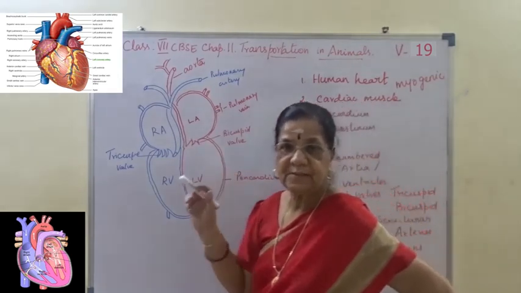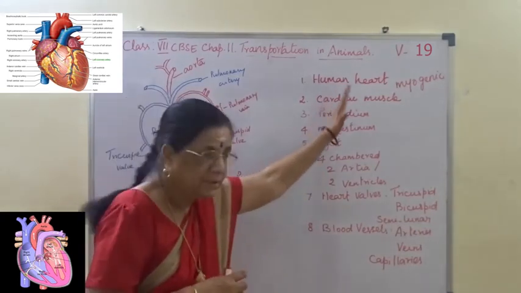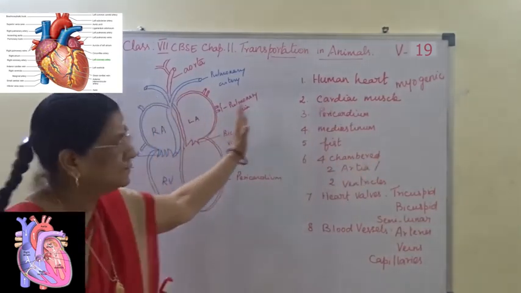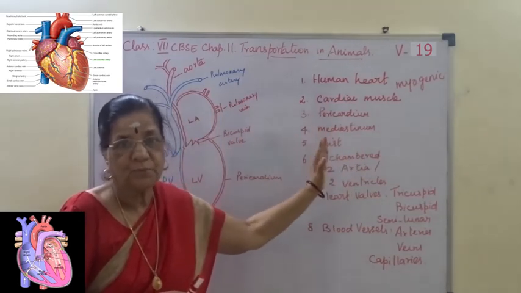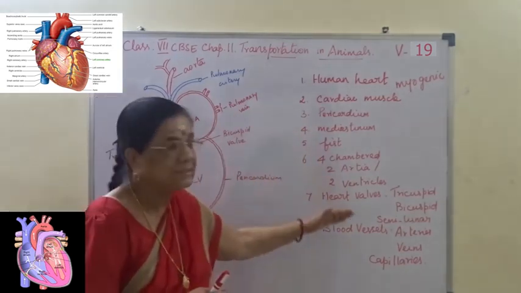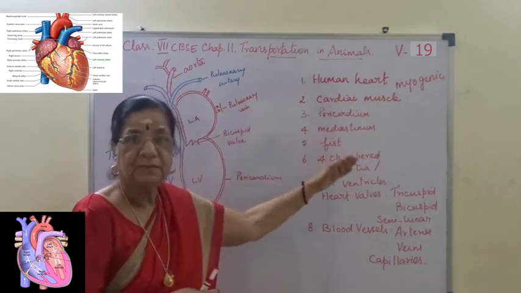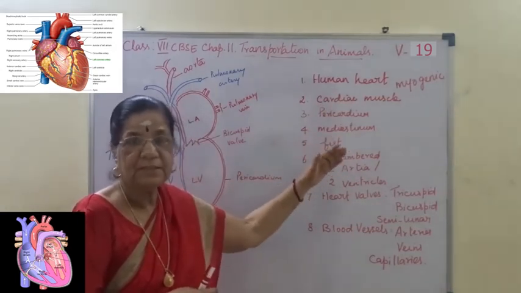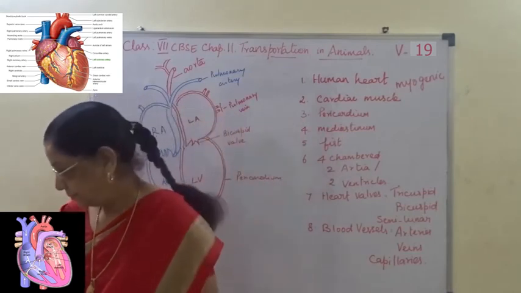I hope you understand. When I explain these points, you will also follow the detailed picture video. When I am explaining the structure of the heart, you will get a clear internal structure of the heart, and with that you will understand better.